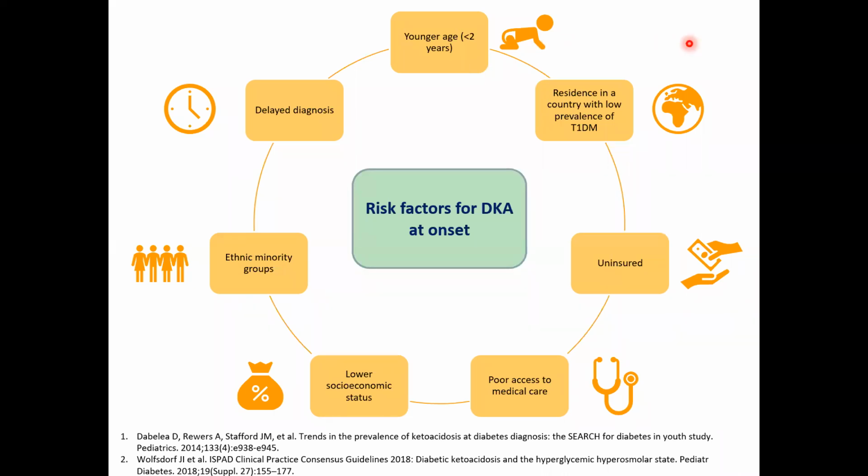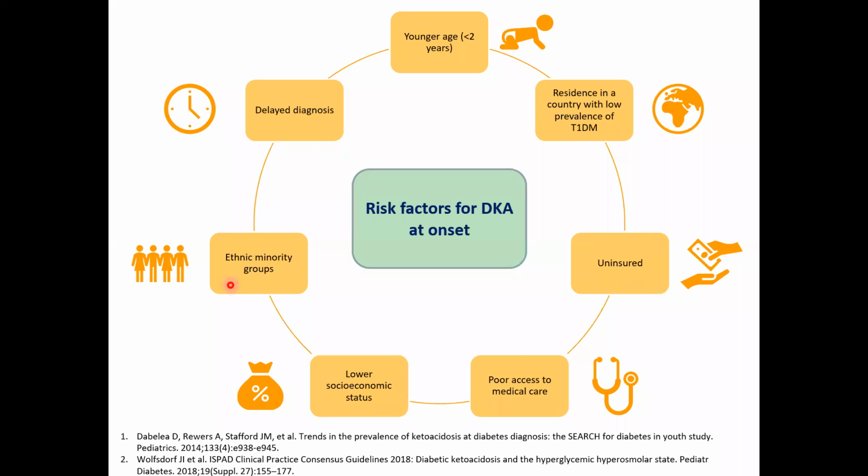Factors that limit access to medical care also increase the risk for DKA, and this includes lack of medical insurance, poor or lower socioeconomic status, and ethnic minority groups, because that might also influence their ability to access medical care.